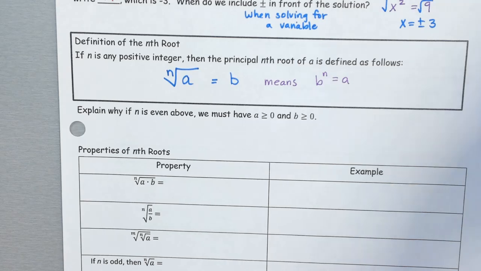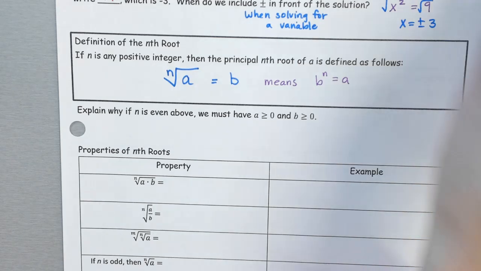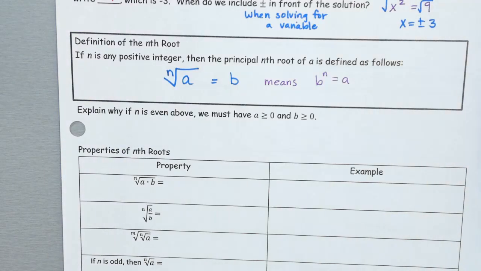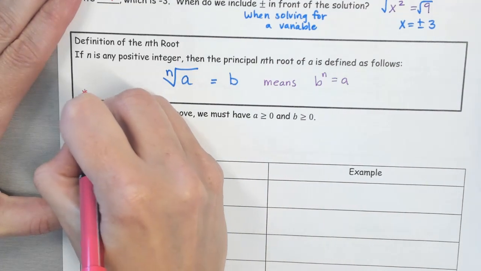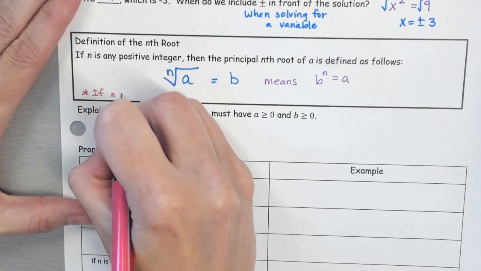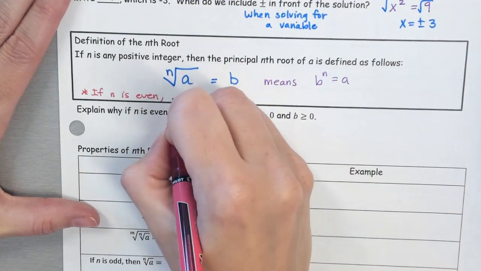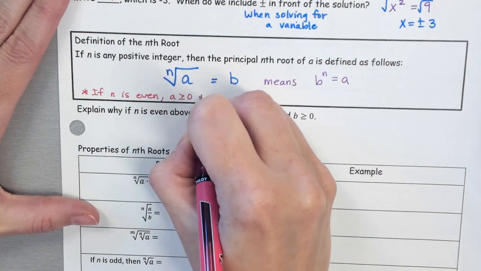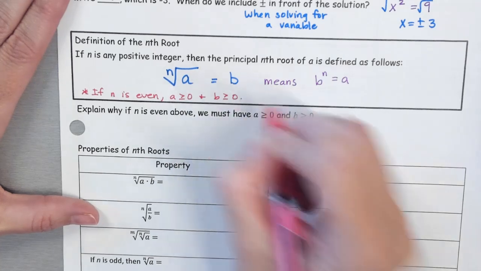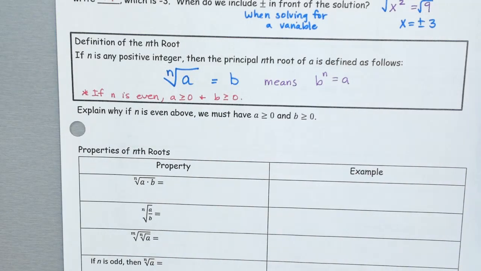The stipulation is whenever you have an even root, if n is even, a has to be greater than or equal to 0, and b has to be greater than or equal to 0. If it's odd, it doesn't matter. If it's odd, you can have an odd number of negatives that multiply to a negative.